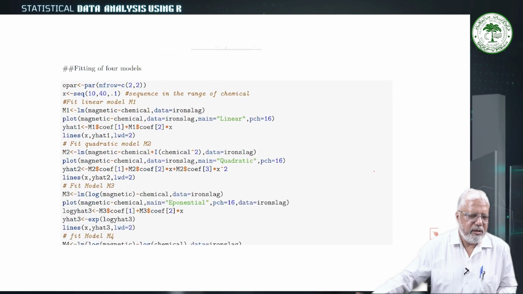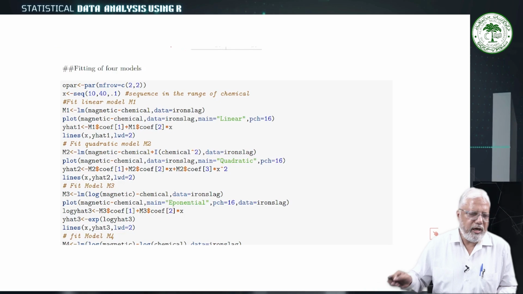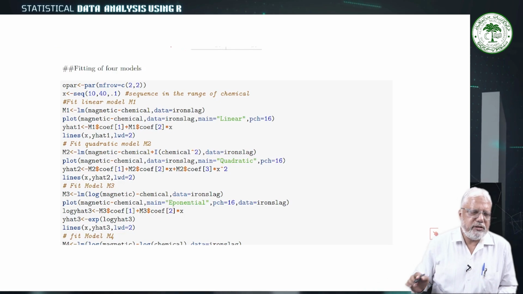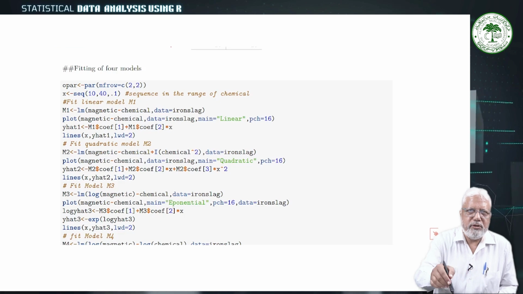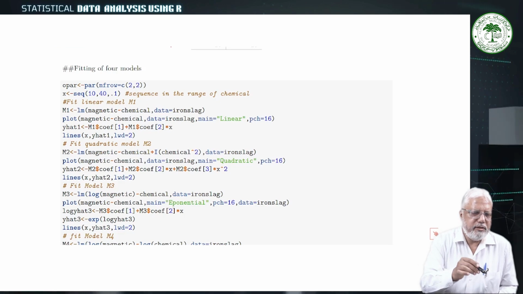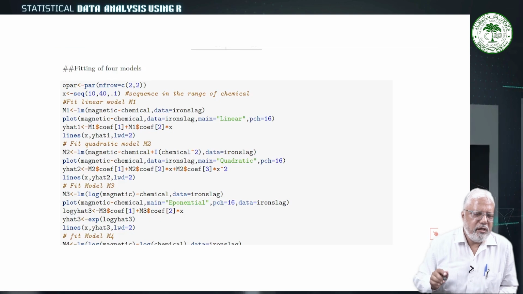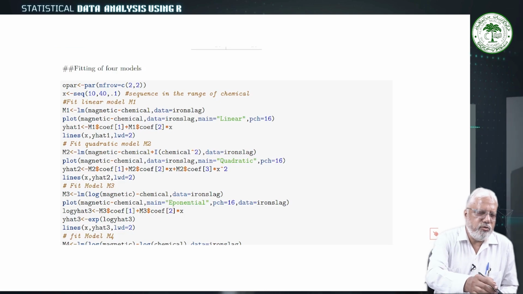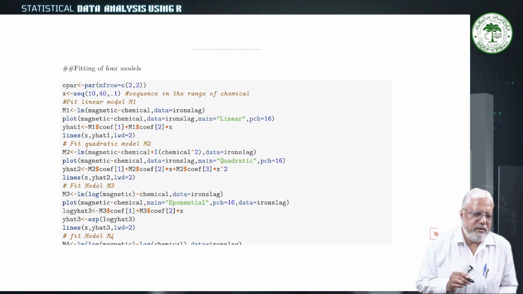Actually it gives a lot of commands in fitting. See, op par stands for, it partitions the whole screen into 4 parts, 2 rows and 2 columns. Then a is equal to seq, from is equal to 10 and to is equal to 40 and the length is 0.1.